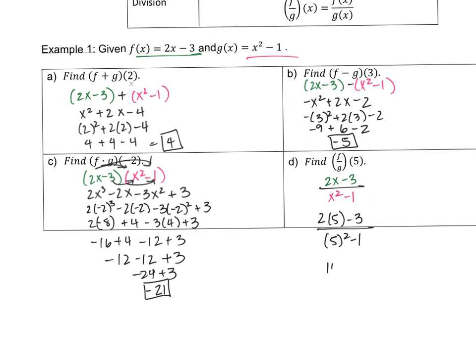So that's going to be 10 minus 3 for the top and 25 minus 1 for the bottom. This would give me 7 on the top, since 10 minus 3 is 7, and 25 minus 1 is 24. And so 7 over 24, I can't simplify it any further, so that is my final answer.